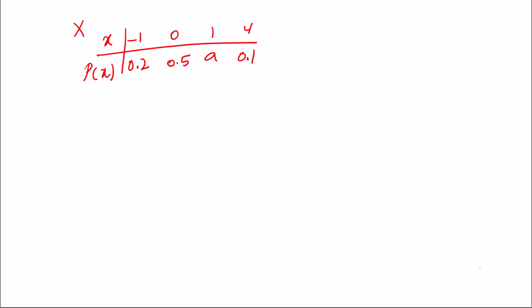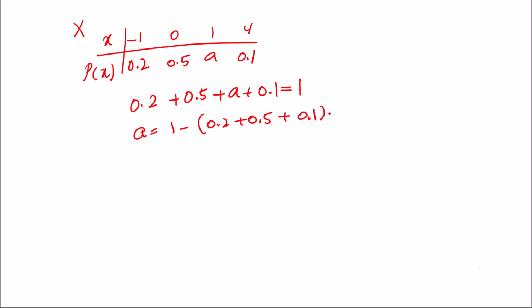So here we want to find A. Since all probabilities must add up to 1, 0.2 plus 0.5 plus A plus 0.1 must be equal to 1, right? So A equals 1 minus (0.2 plus 0.5 plus 0.1), and here A is equal to 0.2.